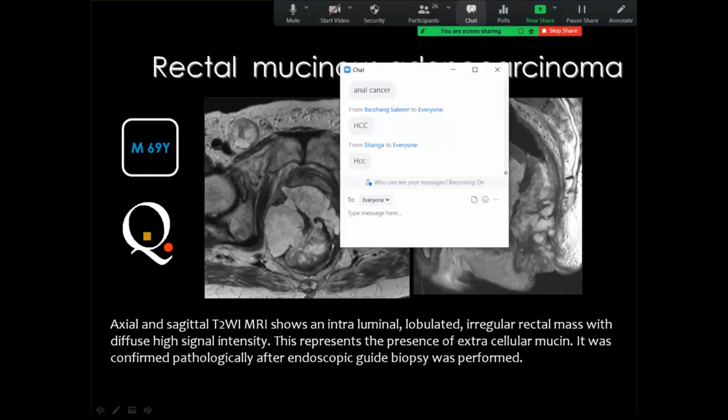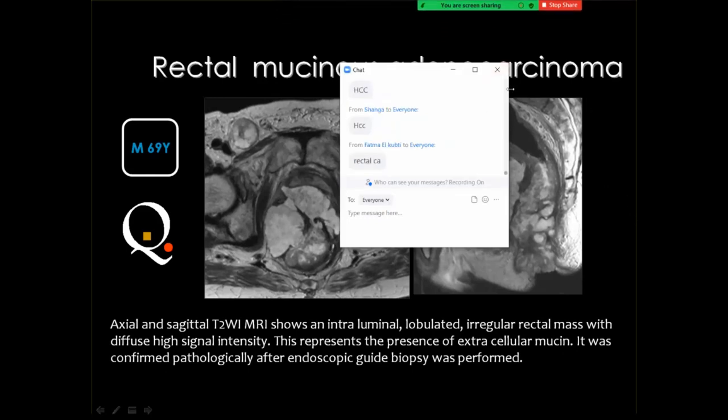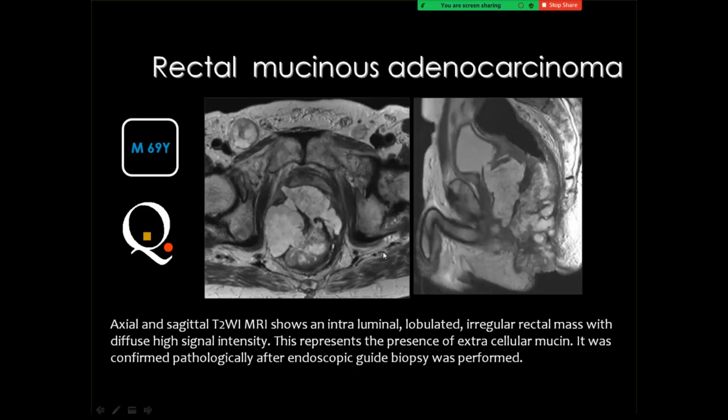Okay, and the answer is shown. And this is rectal carcinoma, but you should say that this is the mucinous type of the adenocarcinoma because of the bright signal in the T2 weighted images.